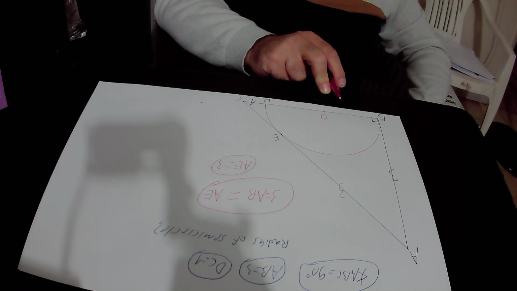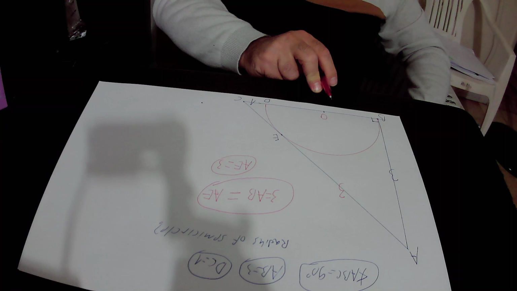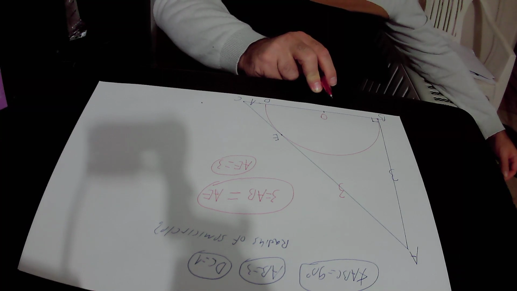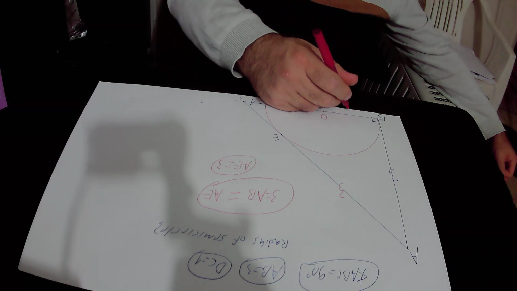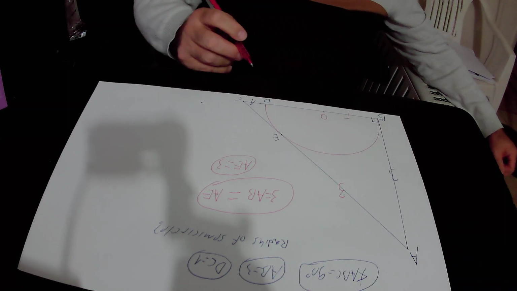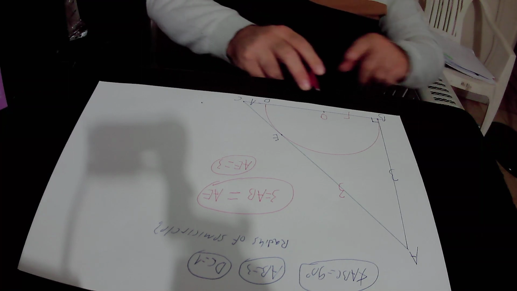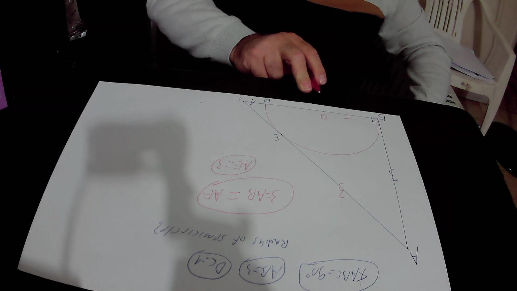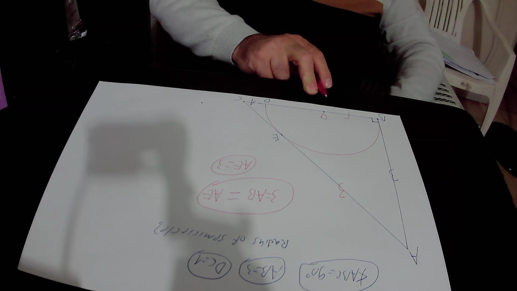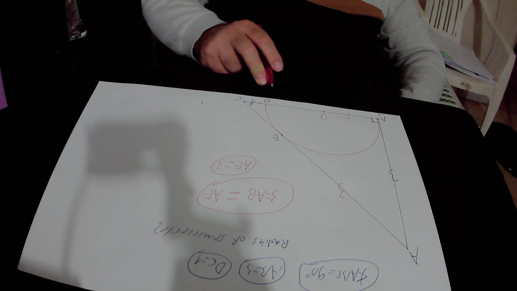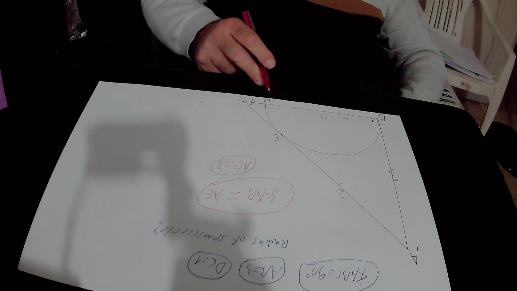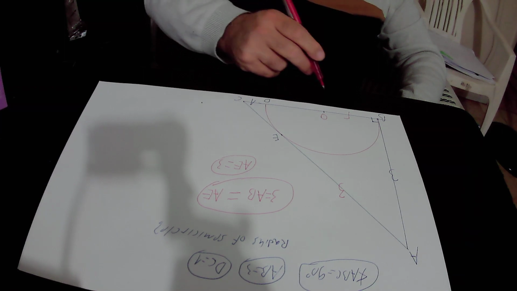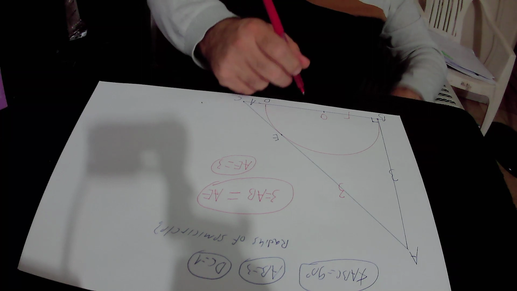Therefore BO is the radius of this semicircle, so we'll define the radius as R. Therefore BO will be equal to R. And likewise OD, line segment OD, will also be the radius of this semicircle, because it starts from point O, the center of the semicircle, and ends at point D, a point on the semicircle itself. Therefore OD equals R.